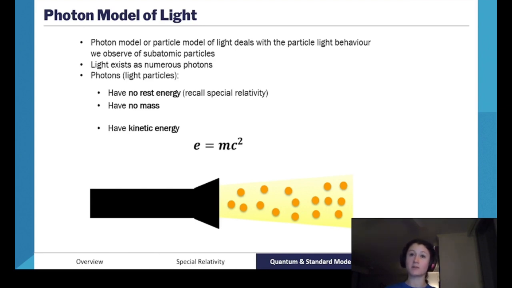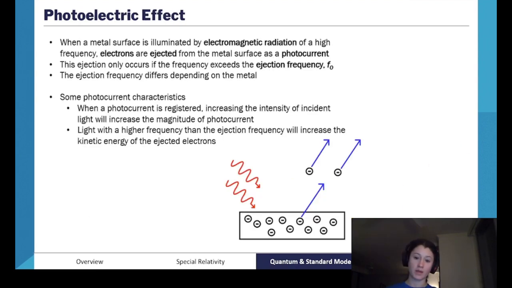Now the last kind of experimental evidence that we learn about when we're looking at the model of light is the photoelectric effect. So this one is particularly interesting. The photoelectric effect provides evidence for the particle model of light.